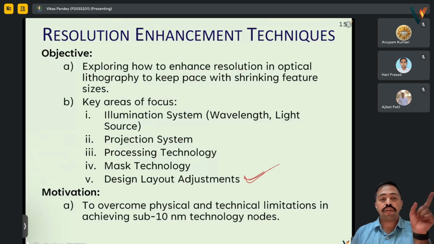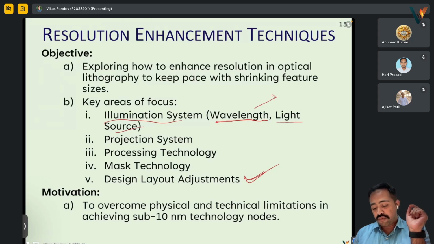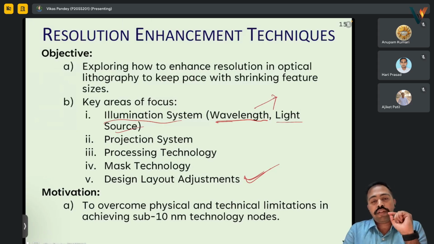The first one is the illumination system or the light source, where we can change the wavelength of the light source. To go for a better resolution, should we increase the wavelength or decrease the wavelength? Decrease the wavelength. Why?